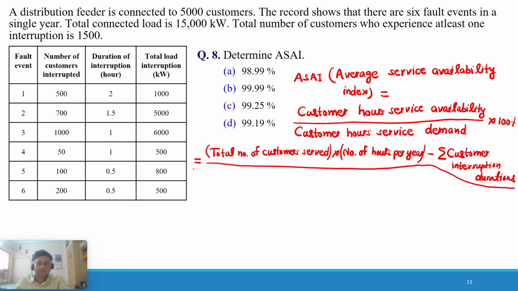So it is to customer hours service demand. We just write the first term of the denominator, total number of customers served into number of hours per year.